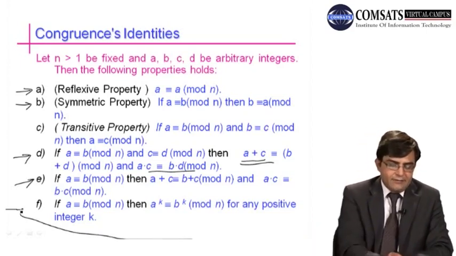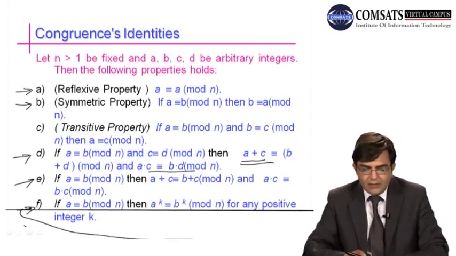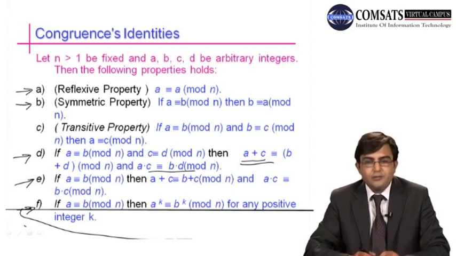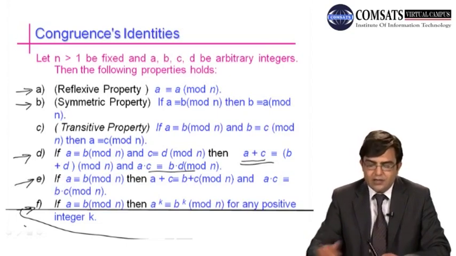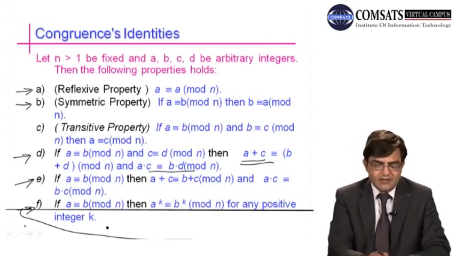The next property F is: if A is congruent to B mod n, then we can take any finite power of A and B, and the congruence remains true, for any positive integer k.